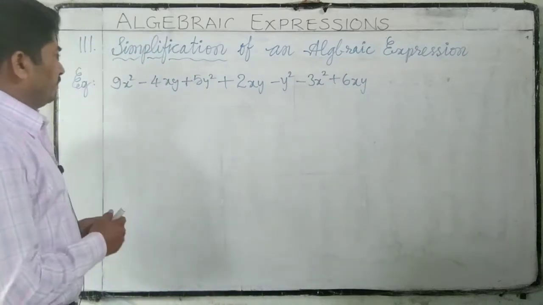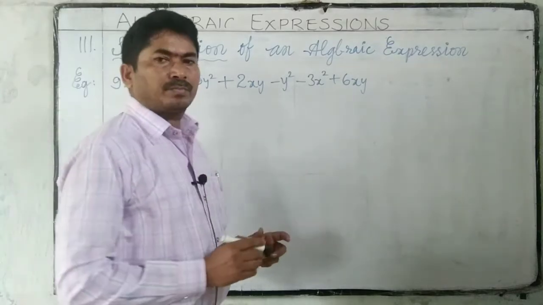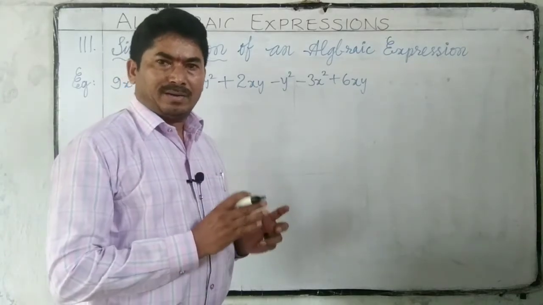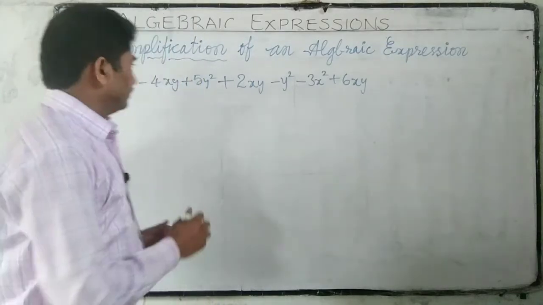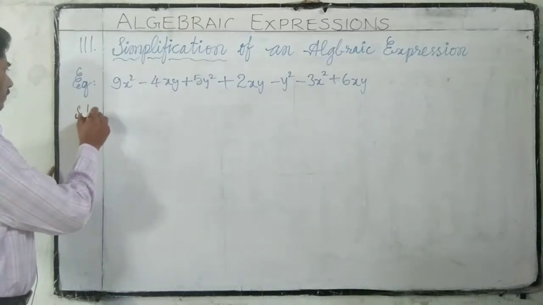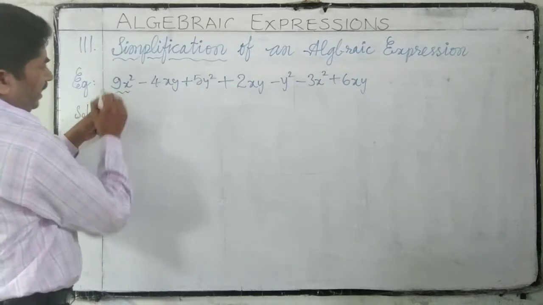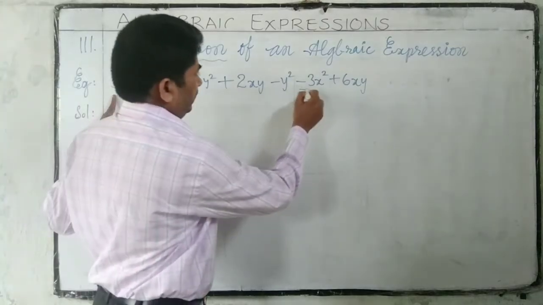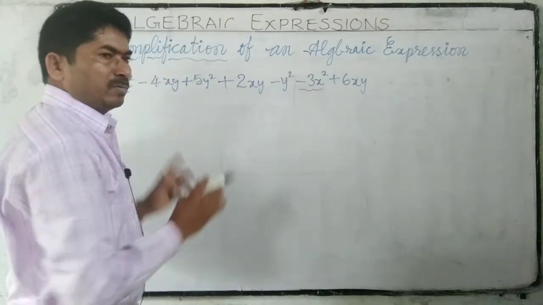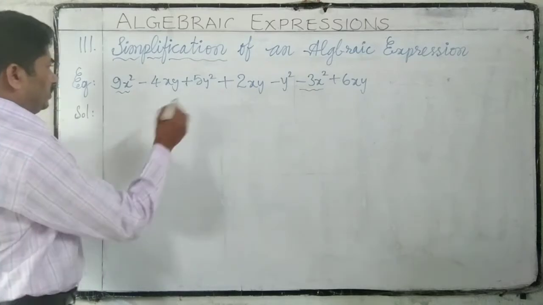To simplify, first we have to group the like terms together. Like terms: 9x square minus 3x square. This is step 1.